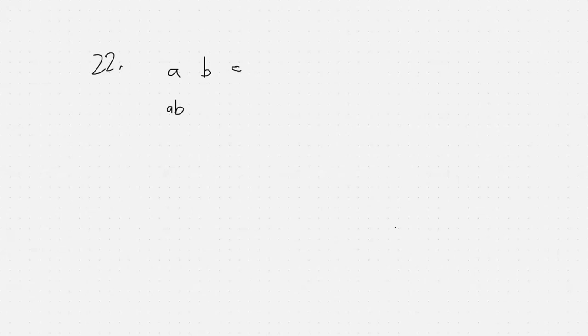Since ABC and AB are integers, that means ABC over AB, which equals C, must be rational. And by the same logic, A and B must also be rational. Since they're not integers, they must have a denominator. So let them be alpha, beta, and gamma.